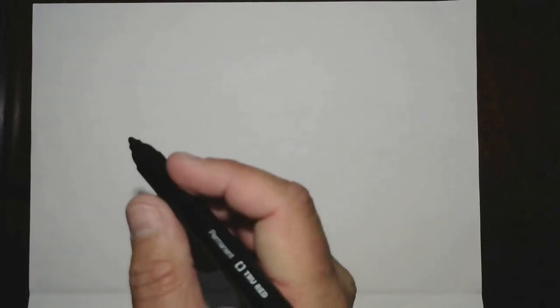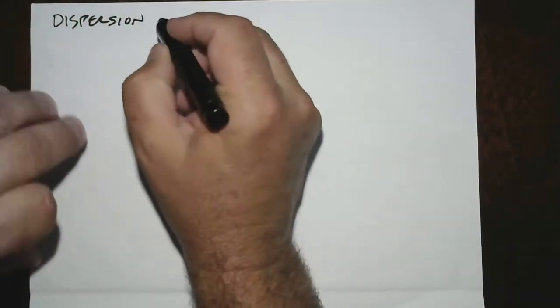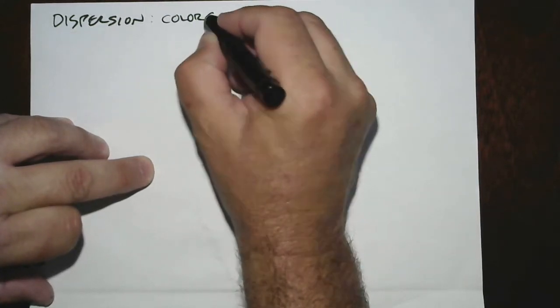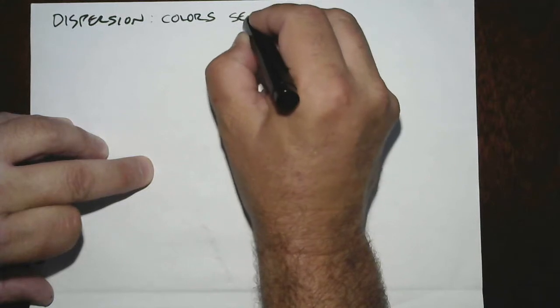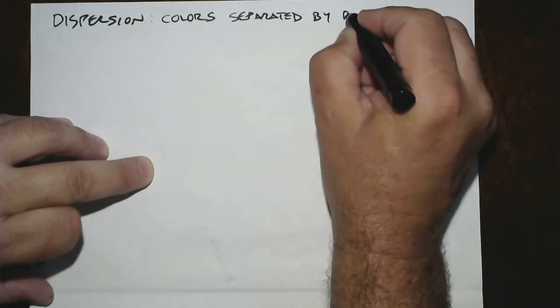Another time when Snell's law goes wrong is in the phenomenon of dispersion. And dispersion is where colors are separated by refraction.